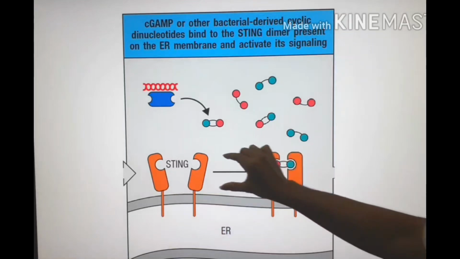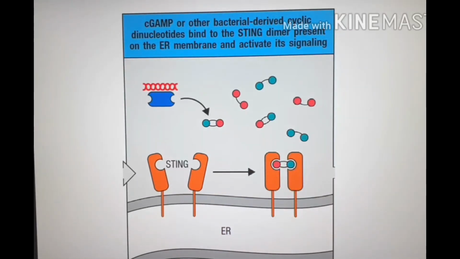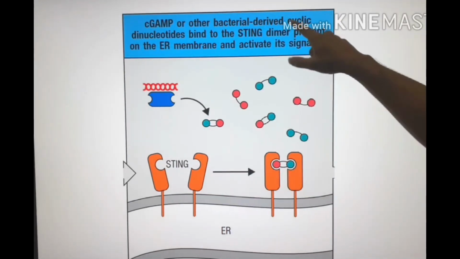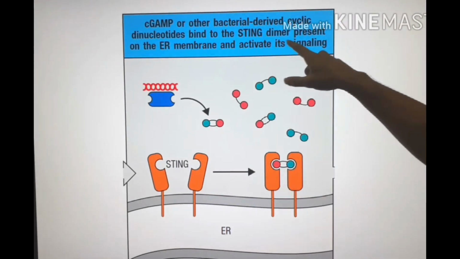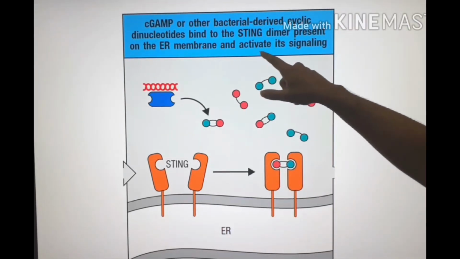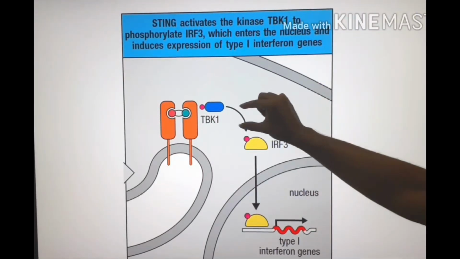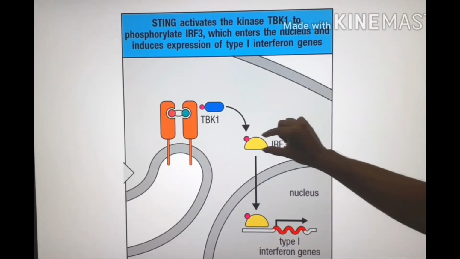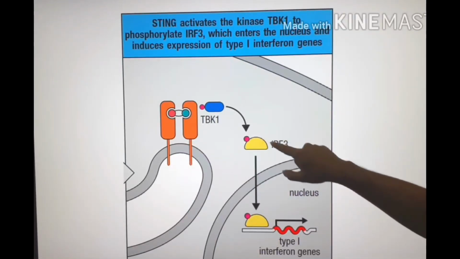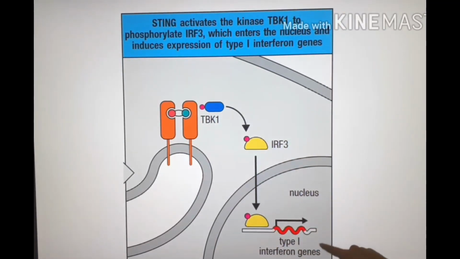This receptor induces IFN alpha and beta, the type 1 IFN genes. When cGAMP or other bacterial-derived cyclic dinucleotides bind to the STING dimer on the endoplasmic membrane, it activates its signaling. STING activates the kinase TBK1 to phosphorylate IRF3, a transcription factor. Then it can enter the nucleus and help transcribe type 1 interferon genes. Type 1 interferon is IFN alpha and beta. These two molecules, when produced by a cell, develop antiviral immunity.